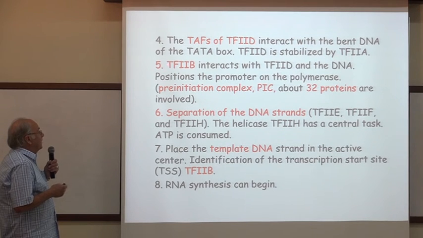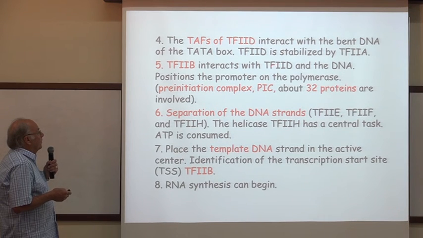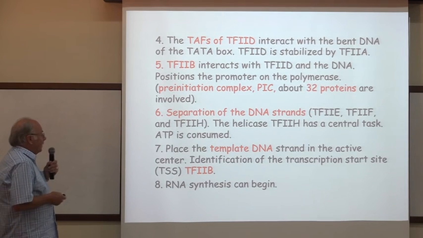Now it's time for TF2B to come into the picture, which interacts with the TATA box binding protein and TF2D and positions the promoter on the polymerase. And this then forms the pre-initiation complex, PIC, with about 32 different proteins being involved.